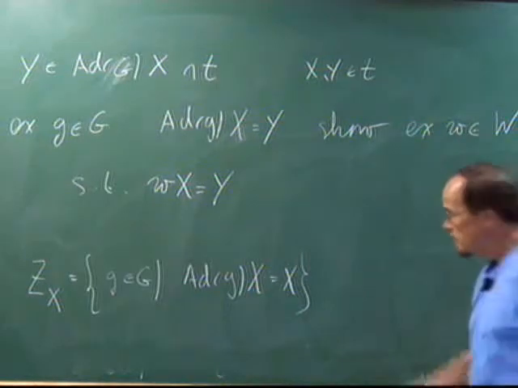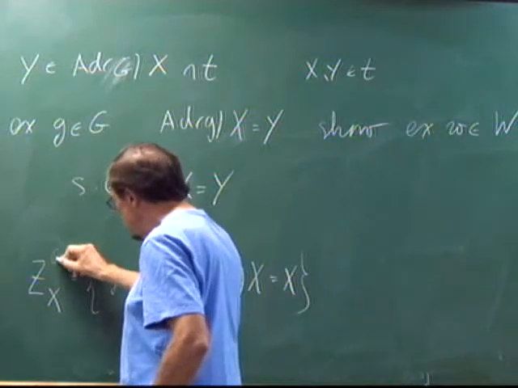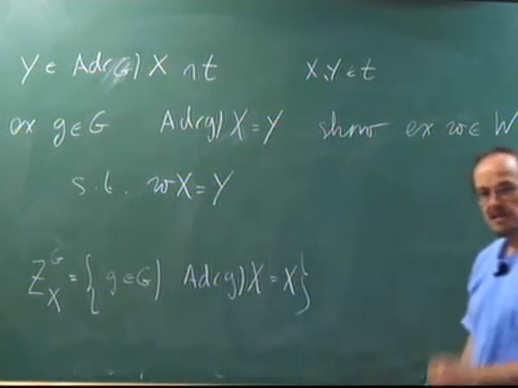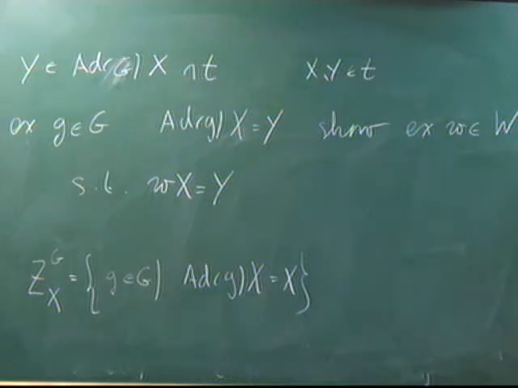And that will be the centralizer in the group G. In general, I would have to specify where I take the centralizer. Right? This is the set of elements that centralize it.